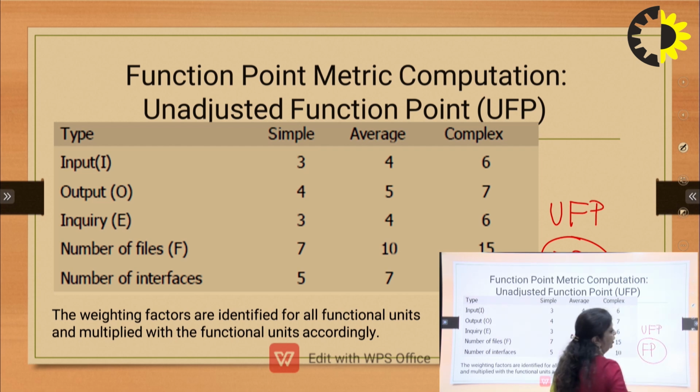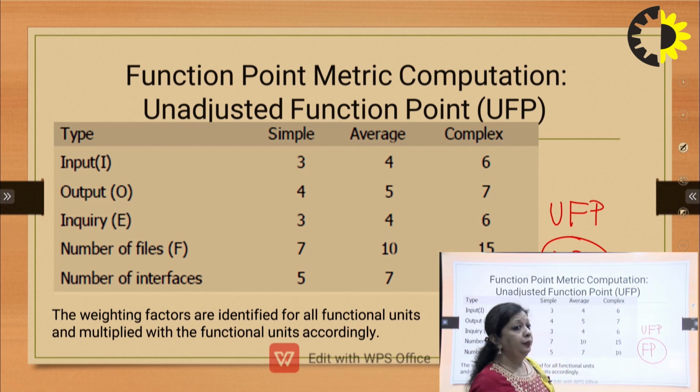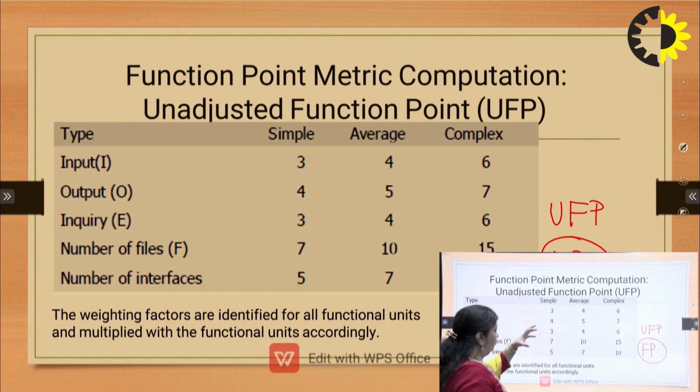This is unadjusted function point, and Albrecht gave a fixed matrix for this calculation of unadjusted function point. So what does this table or matrix show? As we have already discussed, whenever we talk about FPA, we have 5 functional units, that is input, output, inquiry, number of external files and number of internal files.